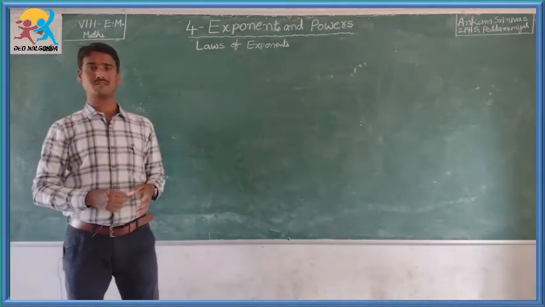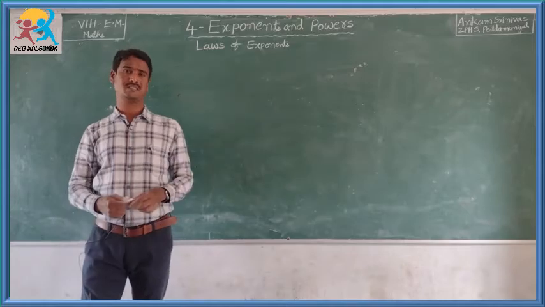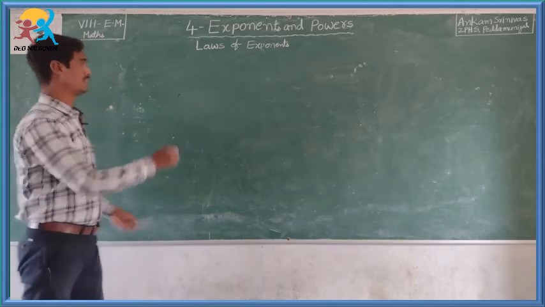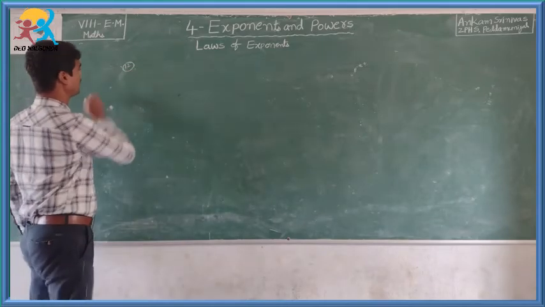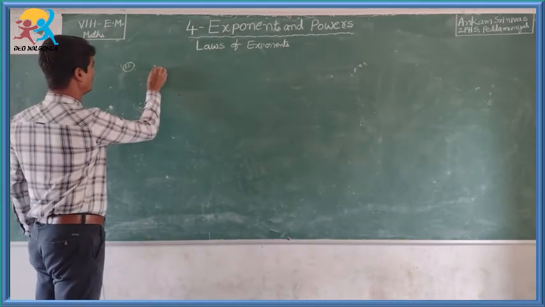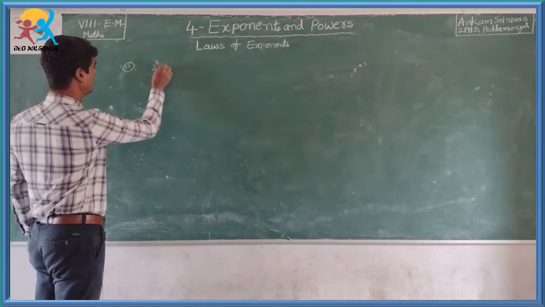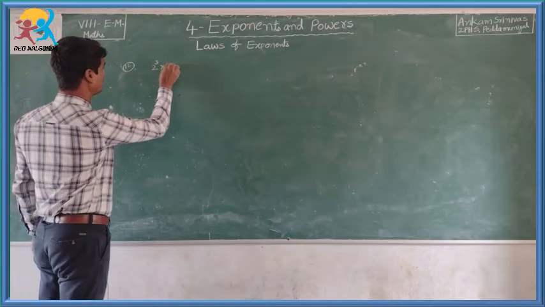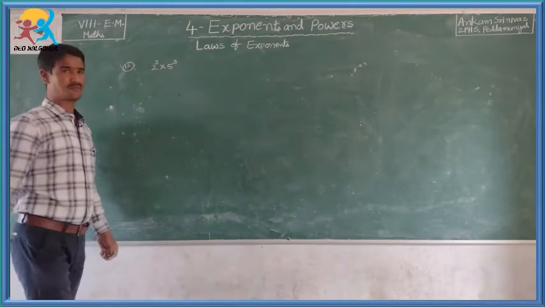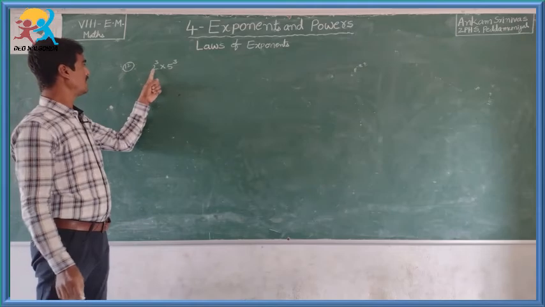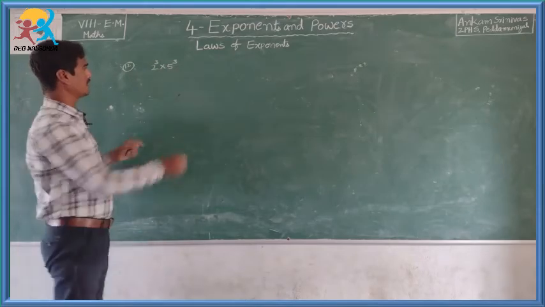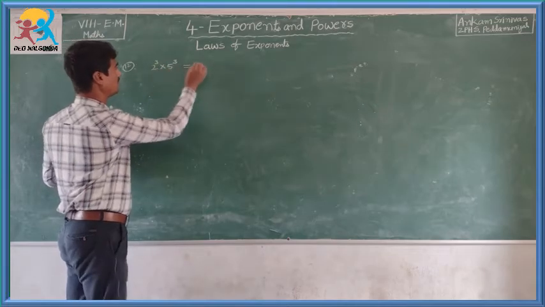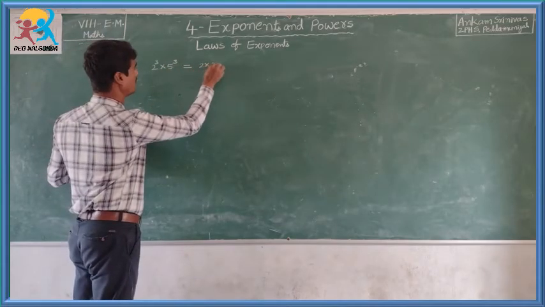Dear children, we have to do some more examples to get the laws of exponents. I am going to take another example. Here 2 power 3 into 5 power 3. The expanded form of 2 power 3 is 2 into 2 into 2.